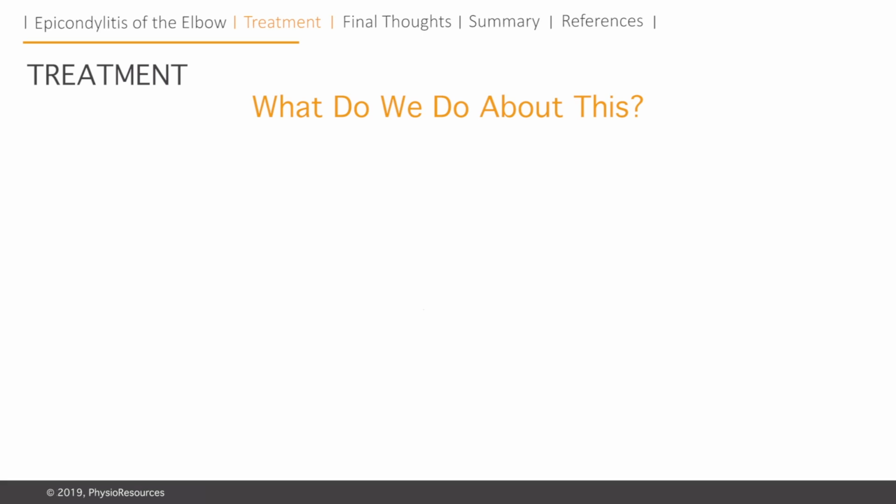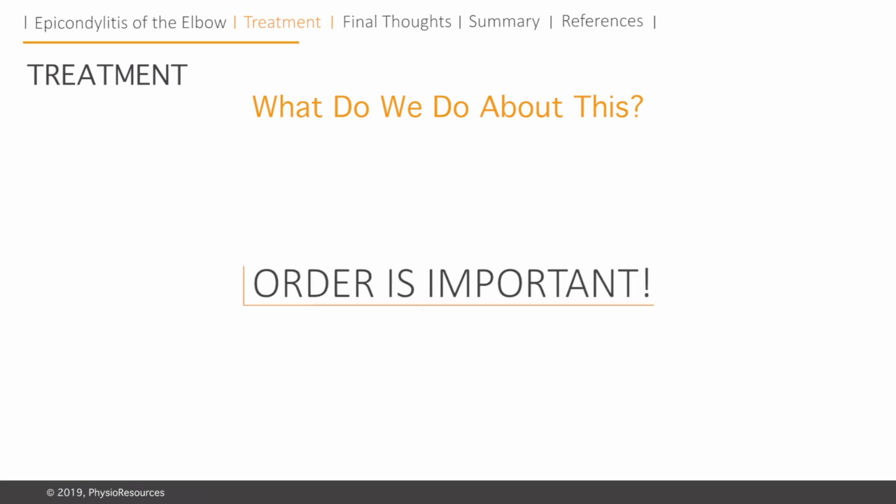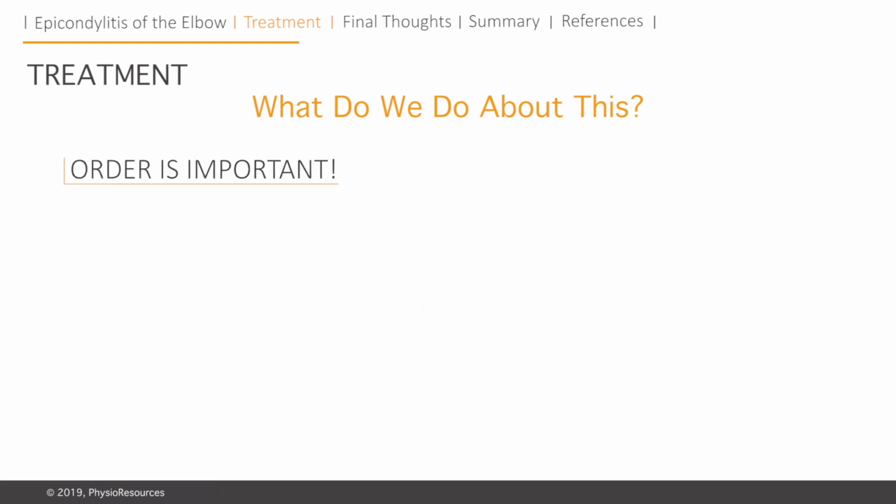We are going to go over specific exercises that should help with this, but I tend to take a holistic approach to epicondylitis, and I think it warrants discussing what my typical intervention is, with an emphasis on the timing of it. And hopefully you'll see that the order in which you do things, especially with these cases, is, in my opinion, very, very important.